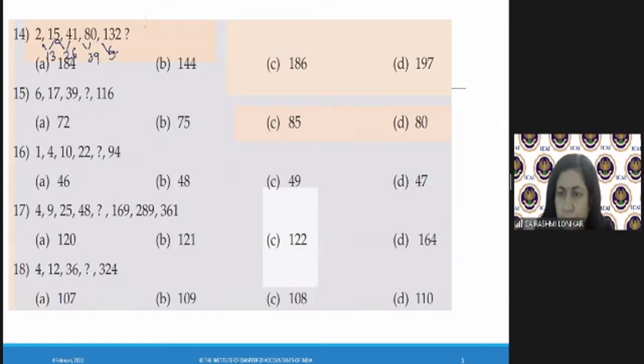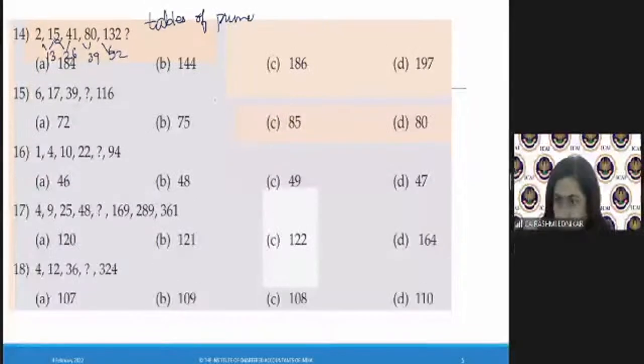Now this is very important that you know tables of prime numbers is so important. Wait, sorry. Okay, tables of prime numbers is very important for logical reasoning.